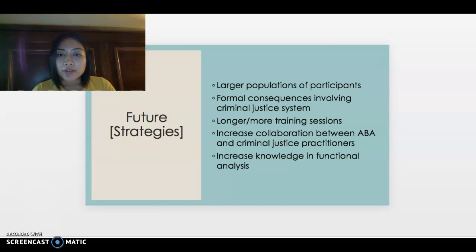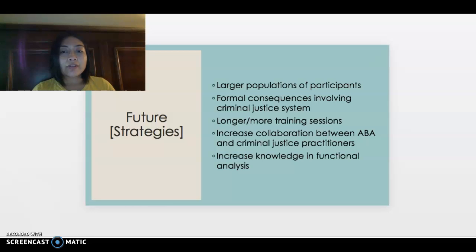Another strategy is to have formal consequences involving criminal justice system. So if the court mandates that the inmates participate in these ABA sessions, we can see an increase in participation.